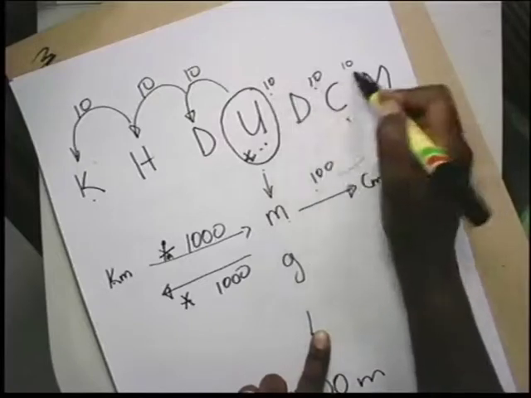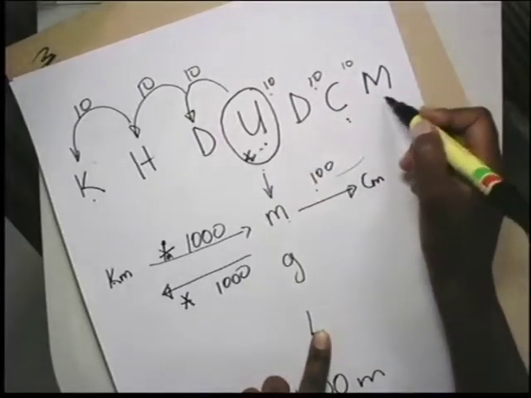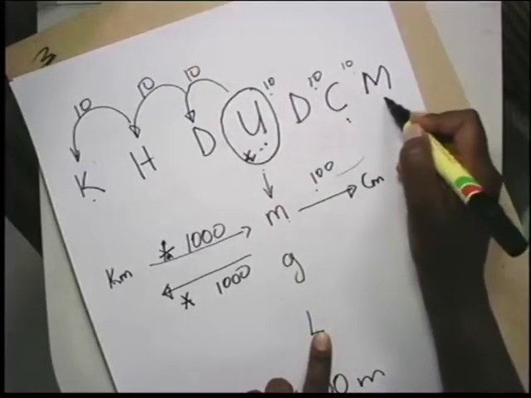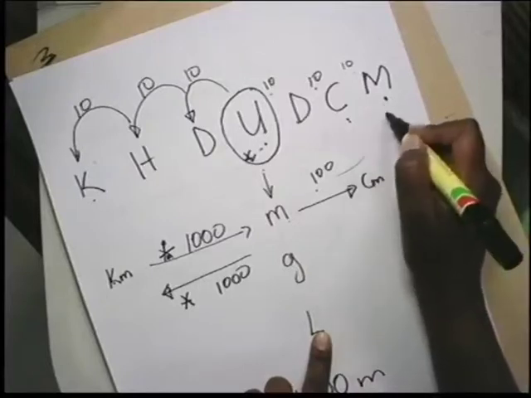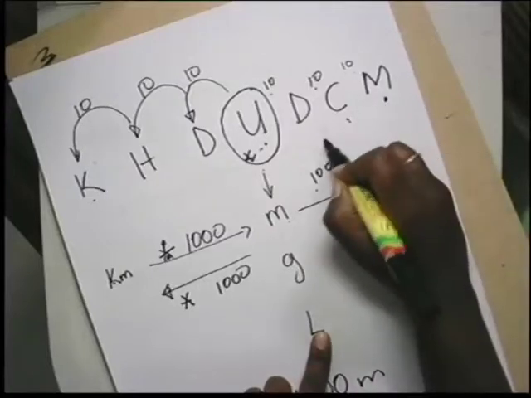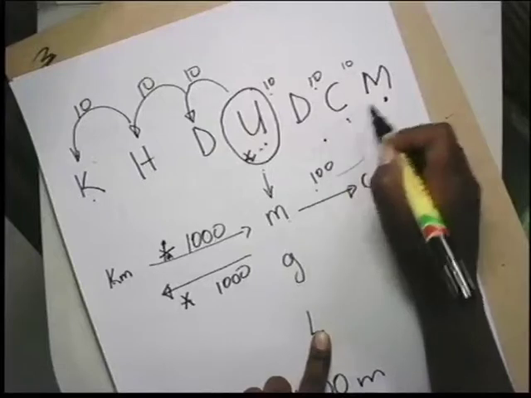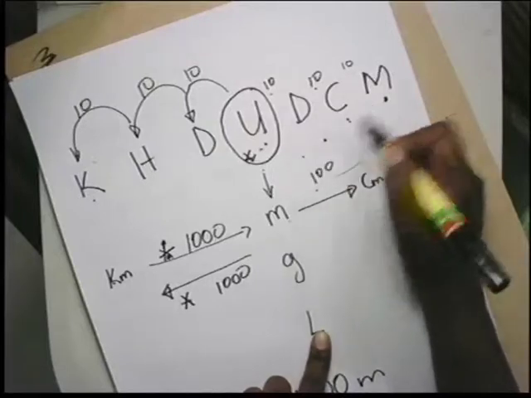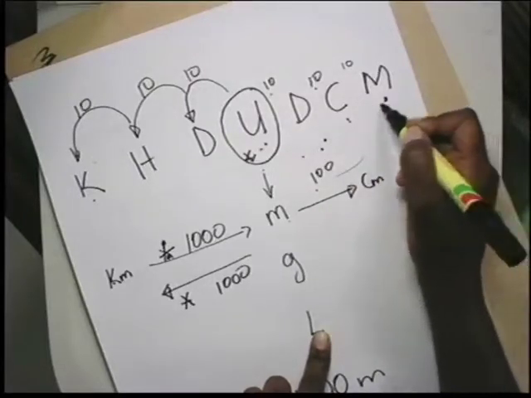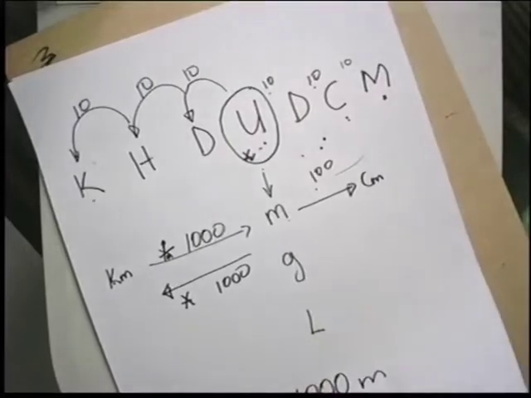This will be 1,000. So milli means 1,000, but we are moving from small to big. When you are getting bigger, you are dividing. So let's look at our example. Now we know where our units are coming from.